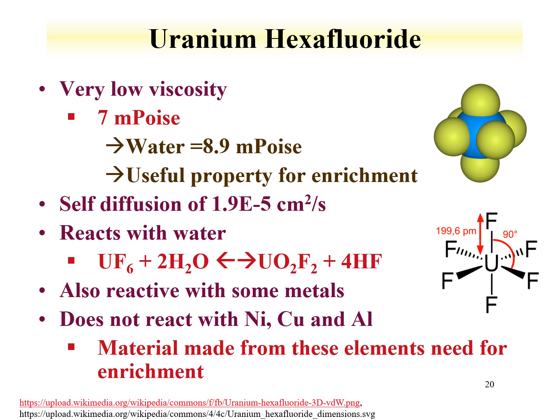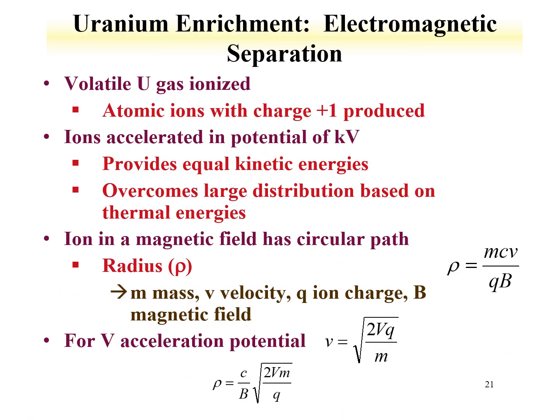Uranium hexafluoride, as you can imagine with a fluorine compound, can react with a number of metals, however it is found not to react with nickel, copper, or aluminum. So materials made from these elements are needed for the enrichment process. We'll explore some routes that exploit this volatile behavior of uranium hexafluoride for enrichment.